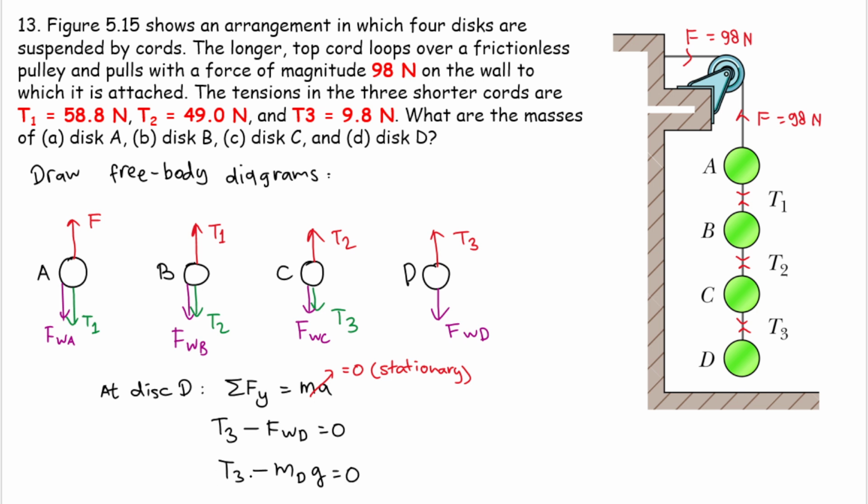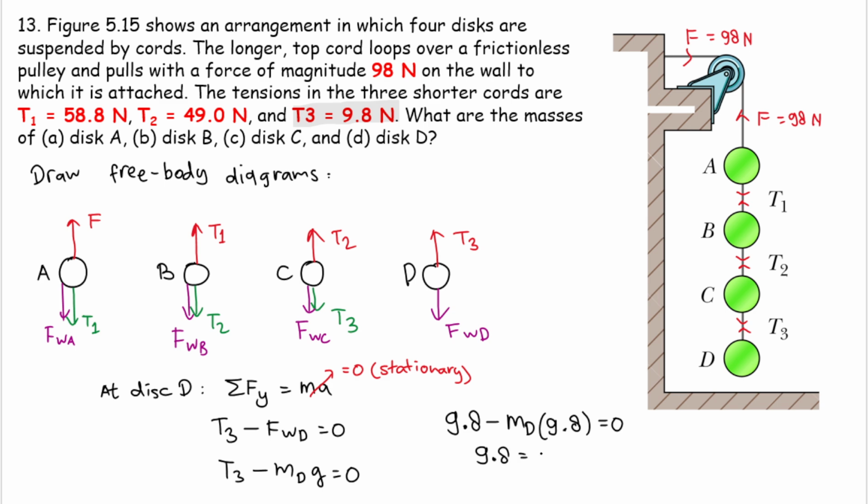Now we can plug in the values. What is T3? T3 is 9.8 Newton. So I will have T3 is 9.8, and then minus MD. We have not known MD yet, but we know the gravity, right? The gravity is 9.8 meter per second squared. And all of that will equal 0. Now we can manipulate this mathematically.